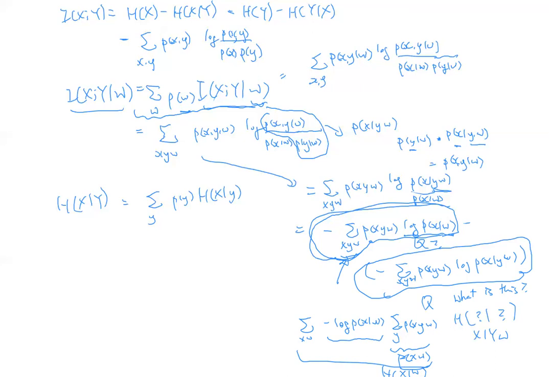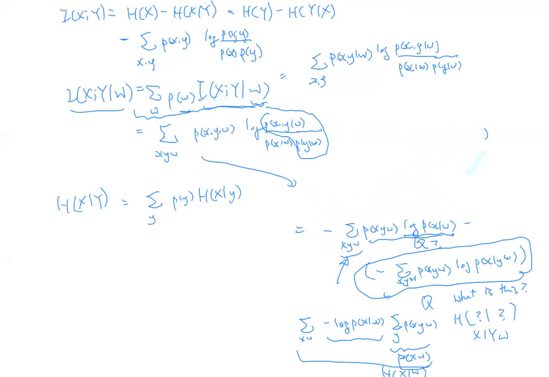Okay, in conclusion, if I define my conditional mutual information as just a mutual information with this conditional variable, think of it as, for different realizations of W here, we weigh the sum of this conditional mutual information I(X;Y given W) by the probability P(w) here.